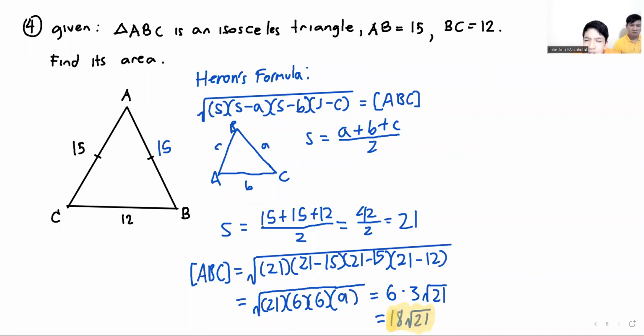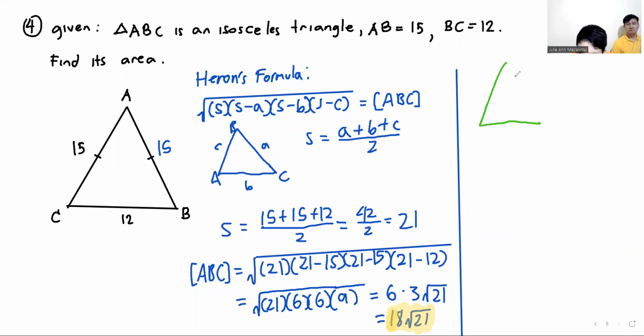There's also another method, a more basic method. We have an isosceles triangle. If you draw an altitude from the vertex where the equal sides intersect, then the altitude produced will be a perpendicular bisector, so these will be equal.